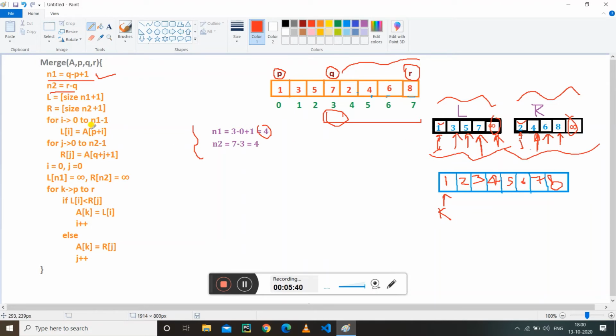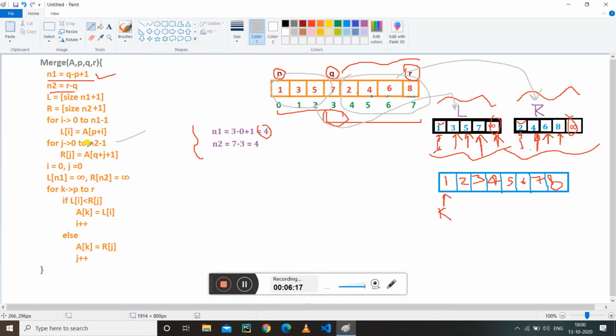Then what we simply did is, for i equal to 0 to n1 minus 1, that means i from 0 to 3, we just copy the values a of p plus i, that is a of 0 plus i: a of 0, a of 1, a of 2, a of 3, all these 4 values. We are copying all of these 4 values to L. And for the remaining elements we copy them to R, which is written over here.